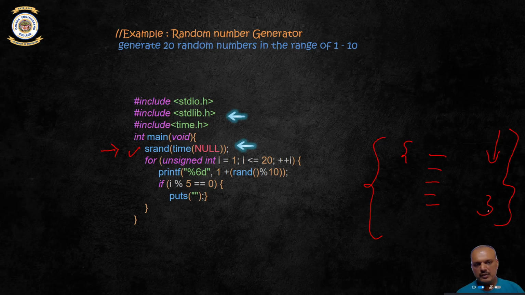Every time you run it, you expect a new set of values. But that doesn't happen because of the concept of this seed. If the seed is not specified, by default the compiler takes the seed to be 0, and for a given particular seed the set of numbers that gets generated for every run is the same.